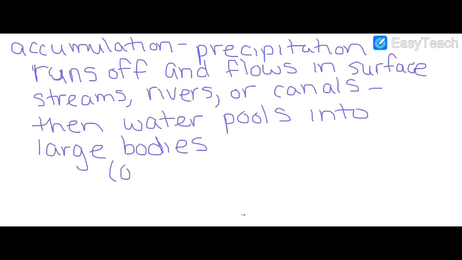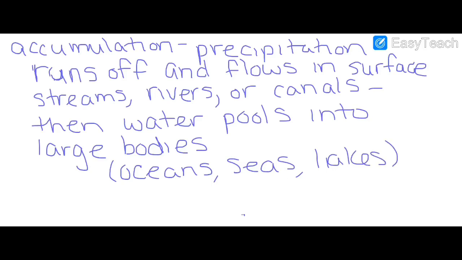And those could be things like oceans, seas, lakes, etc. All right, so really like the accumulation part, the definition is sort of like this part right here. And then the top was kind of the runoff part of that. All right, one more term to go.